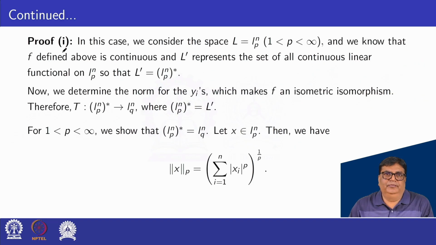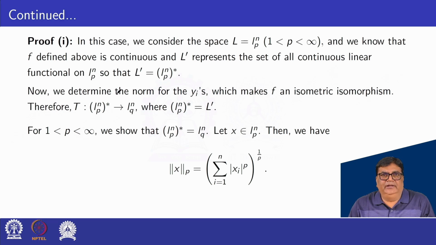Now we prove the first. In this case, consider L equal to LPn, where p lies between 1 and infinity. We know that f defined above is continuous and L dash represents the set of all continuous linear functionals on LPn, so that L dash equals LPn star.